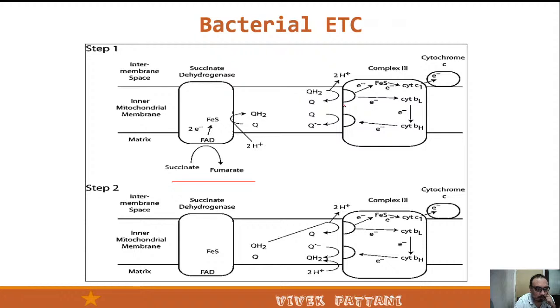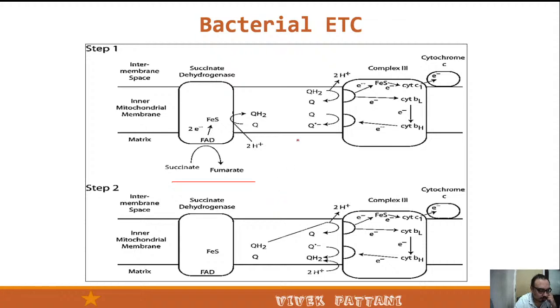Now moving further, electrons will be transferred to the Fe-S systems, and finally to cytochrome c as well as cytochrome b. From the lower energy level to the higher energy level, electrons will be further transferred from Q, where quinone will be converted into Q minus, and again this Q minus will be used by the system.